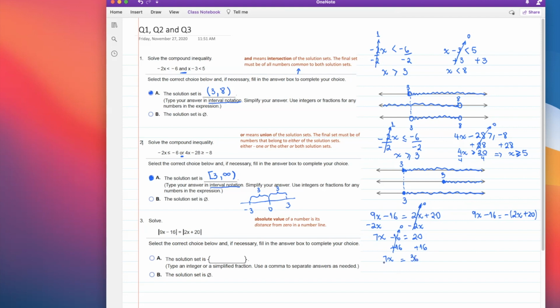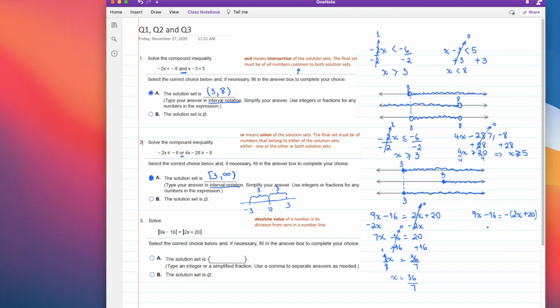But it's 7x, I just want x. Then I divide by the coefficient, that is 7, on both sides. So now this became 1. Now I have x by itself, and x has to be 36/7. One possible value that would make the distance of this expression equal the distance of this expression.